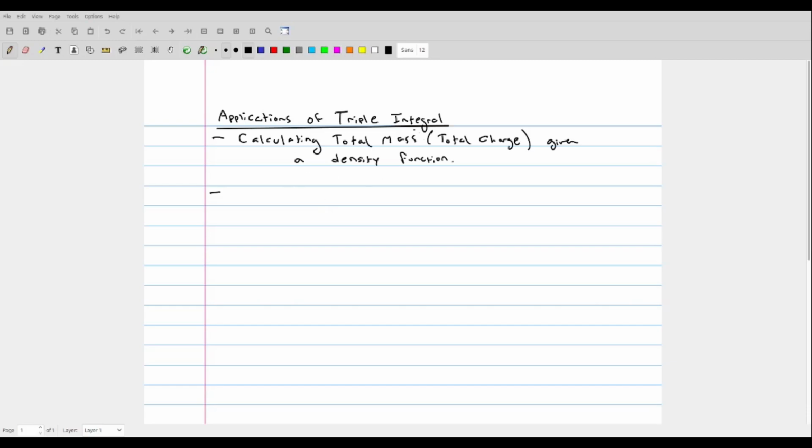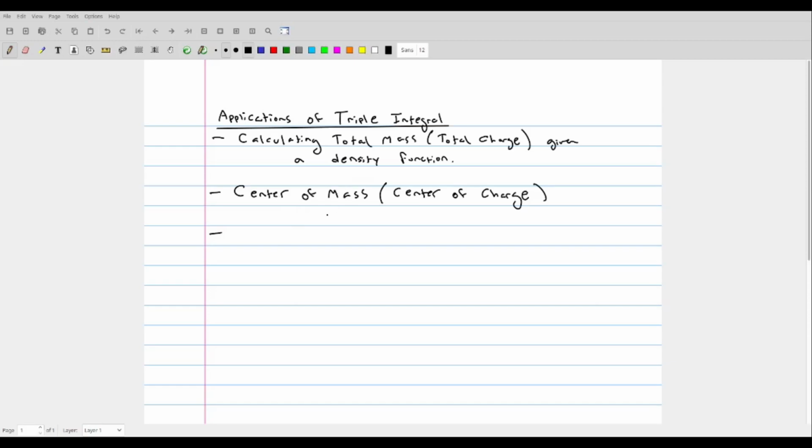And on this exact same note, we can also generalize the center of mass or the center of charge, which in a very real sense gives us a sort of average location for the center of the mass density function or the charge density function.